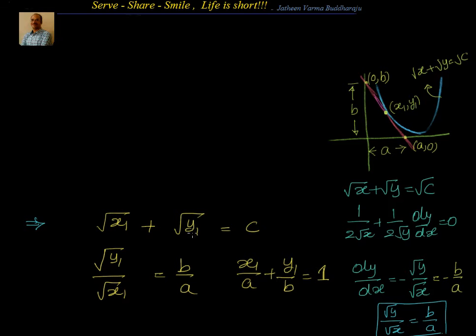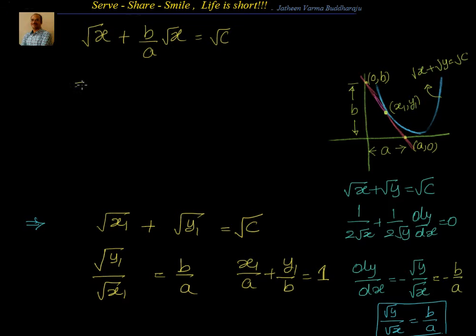First we will consider the equation root x plus root y equal to root c. Can I write it as root x plus, instead of root y, b by a root x equal to root c?